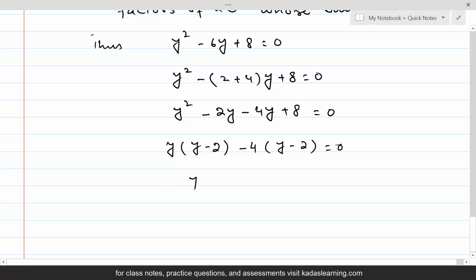So this gives us y minus 2 into y minus 4 equal to 0.